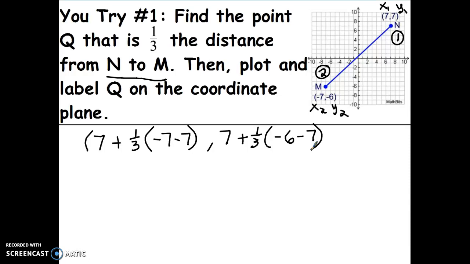Okay, so now the first thing we need to do is simplify our parentheses. So -7 and -7 is going to give us -14. -7 and -6 is going to give us -13. And let's bring everything else down.